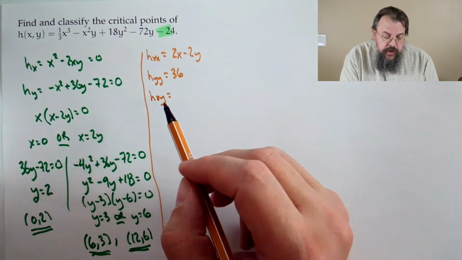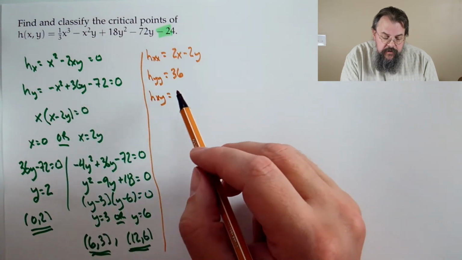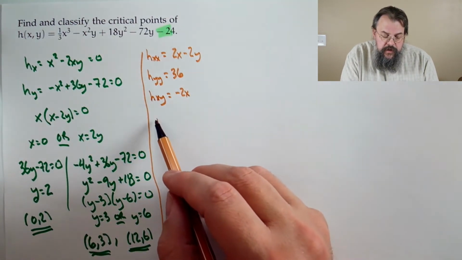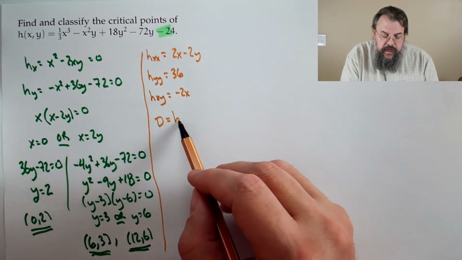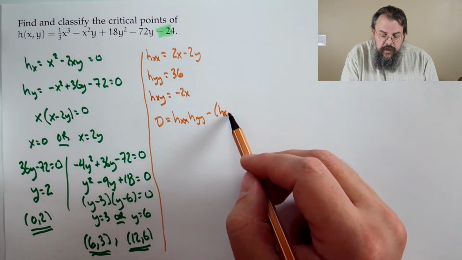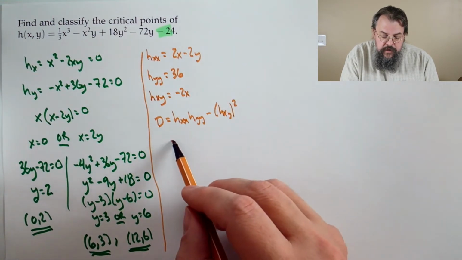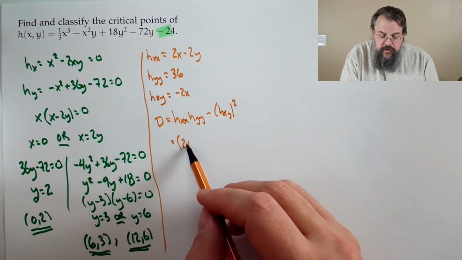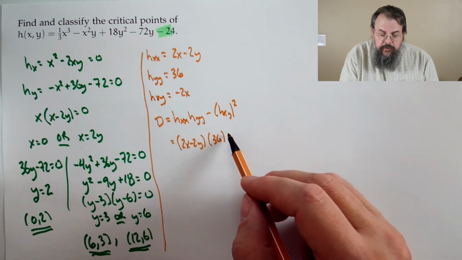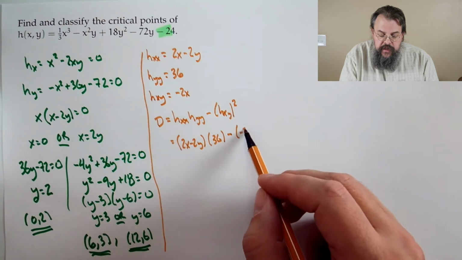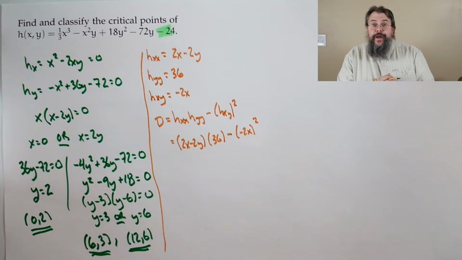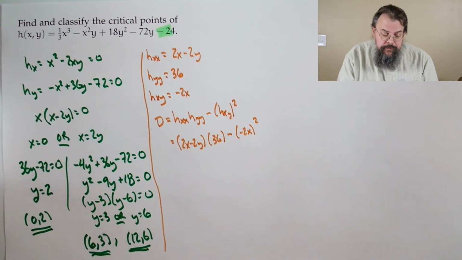hxy, well, okay, minus 2x. Great, wonderful. So our discriminant, hxx times hyy minus hxy squared, is 2x minus 2y times 36 minus 2x squared. Okay, well, we're ready to start plugging things in.